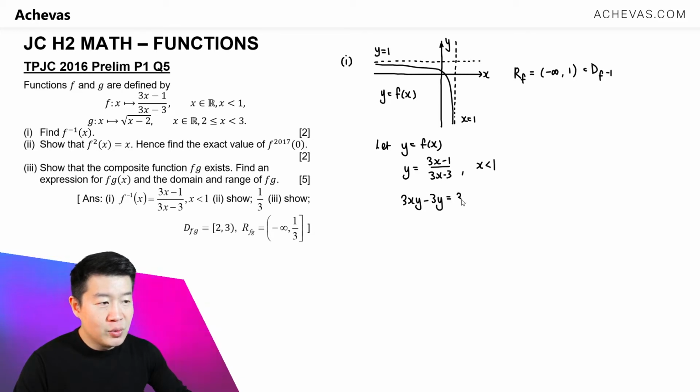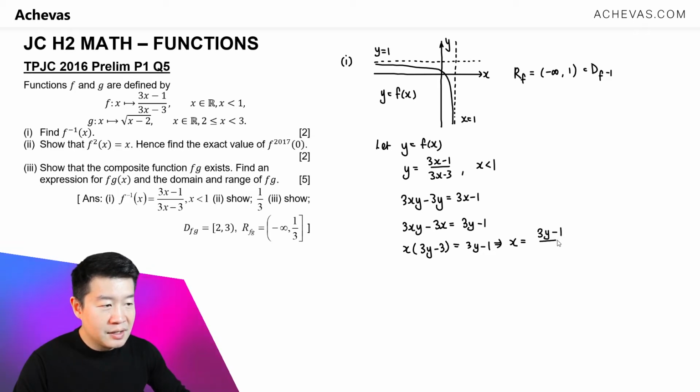This is equal to 3x minus 1. Bring this over to the left hand side and bring this over to the right hand side. We will have 3xy minus 3x. This is equal to 3y minus 1. So factorizing out x, then it will be x times (3y minus 3) is equal to 3y minus 1.